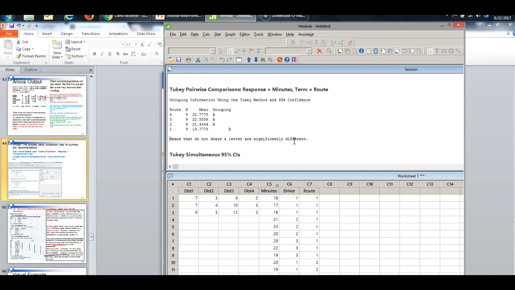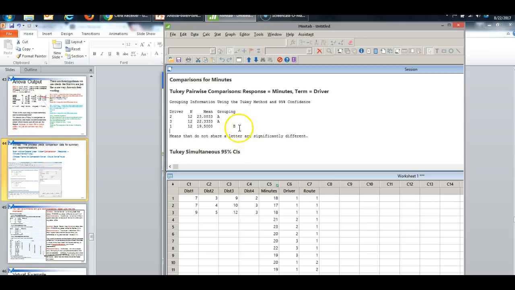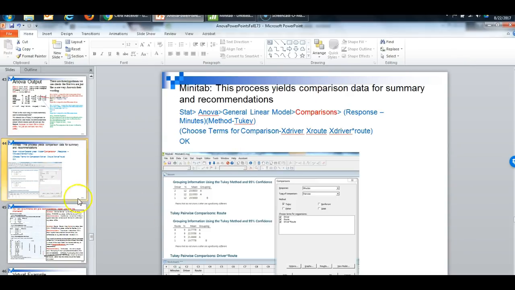How about by route? Route 1 is across the board statistically and significantly faster than routes 2, 3, and 4. So we can make recommendations. All else equal, we should use route 1, and probably we should use driver 1, right, across the board. So let's see what we did here.